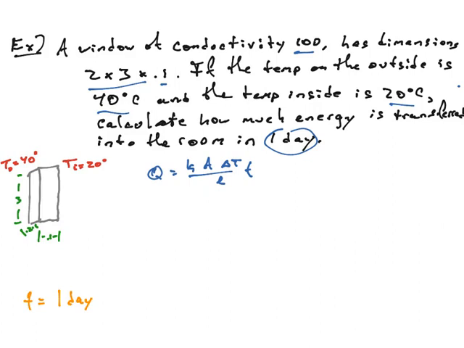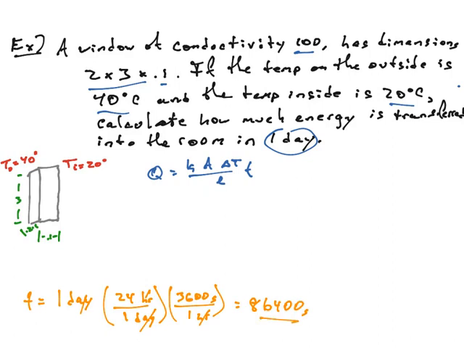So to do it, I need to convert. Let's say in 1 day, there's 24 hours. And then in 1 hour, there's 3,600 seconds. And so if we do this calculation, we'll get how many seconds are in 1 day. So 24 times 3,600 gives us 86,400 seconds.